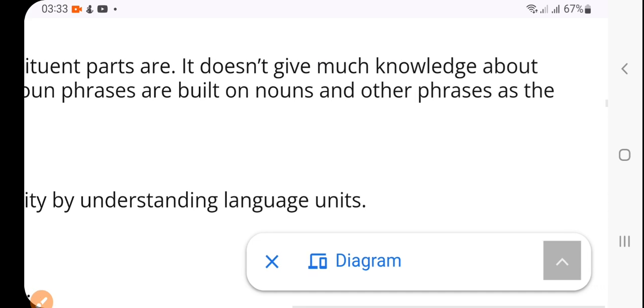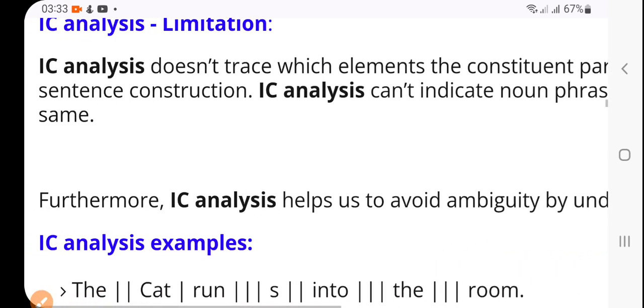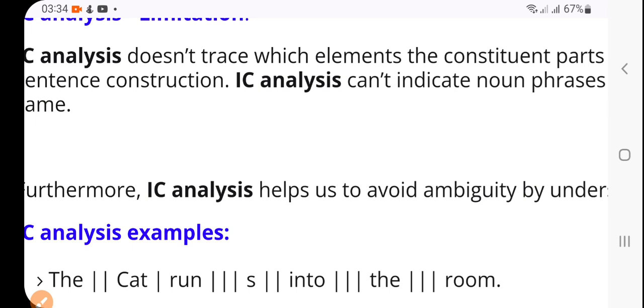So IC analysis does not trace which elements the constituent parts are. It does not give much knowledge about sentence construction, why a sentence is constructed this way. Suppose subject, verb and object, sometimes verb and object, sometimes subject and object, verb, this way.